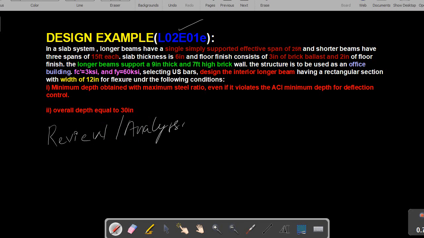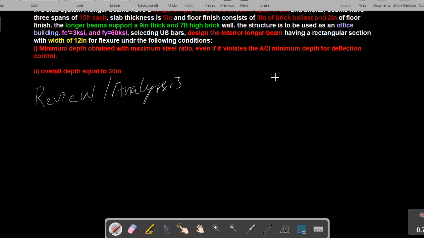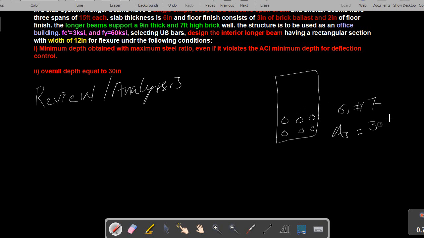Here we will analyze this section which we finally designed with the 6 number 7 bars, with area of steel of 3.6 square inches. Now the width of the section is 12 inches and the overall depth of the section, H, is 30 inches.